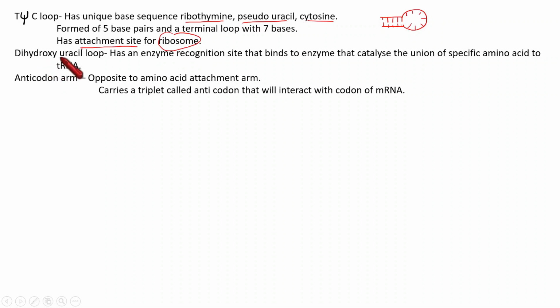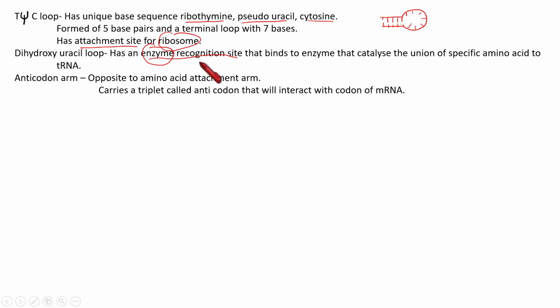Next loop is the dihydroxyuracil loop. That loop also has an enzyme recognition site. Which type of enzyme recognition site? We have seen that it's an enzyme that is transferring the specific amino acid to the tRNA.